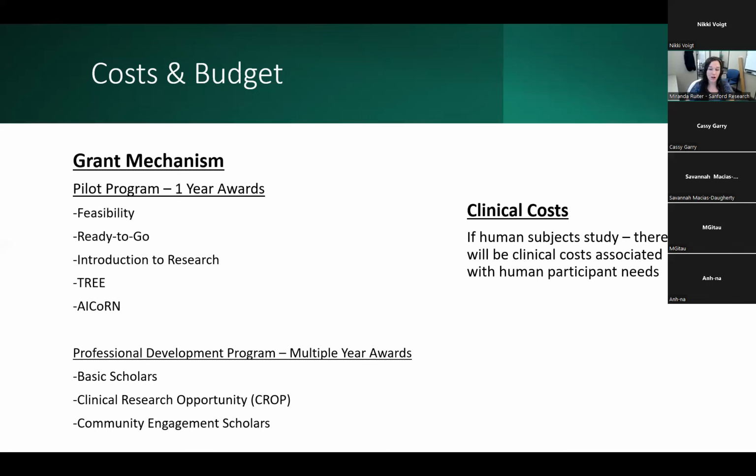For clinical costs associated with human subject studies, there's a lot more to be considered that can affect how much money you'll have left over. You have to look at all of the personnel that is going to be necessary to help obtain those human subject components. You'll have to think of specimen processing, shipping needs, as well as costs.